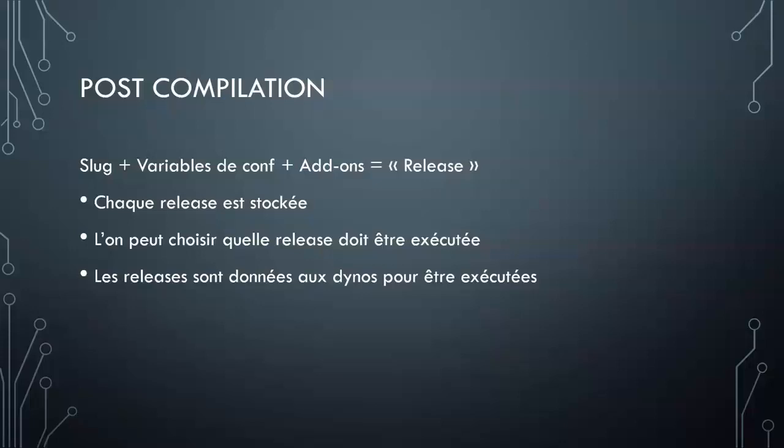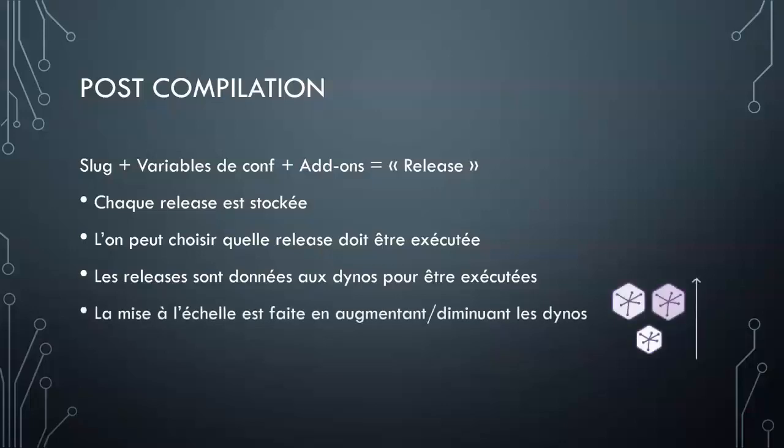One of the best things is the ability of cloud providers to scale applications as needed. It's done through dynos. So, if the calculation speed needs to be increased, you have to use a more powerful dyno. It works the other way too. It's important to specify that everything we have just mentioned is done automatically.